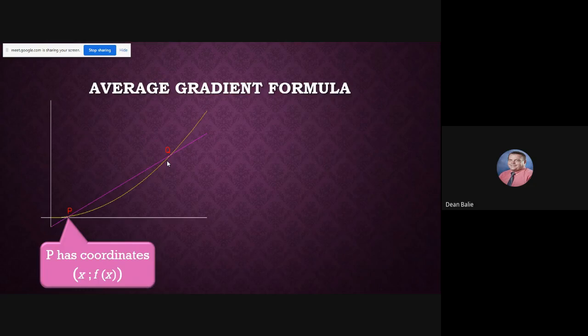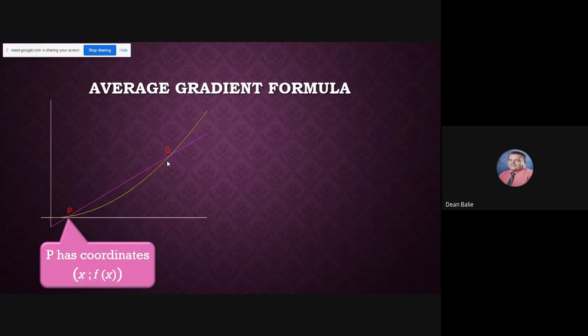If I now move P towards Q, so Q now is further along the x-axis from P. Okay, if I'm generalizing this, I don't know how far it is. Yesterday we could work it out because we knew that Q was 3 units to the right of P. But if I'm wanting to generalize this, which is the whole point about creating a formula, we've got to be able to not work with a specific distance.